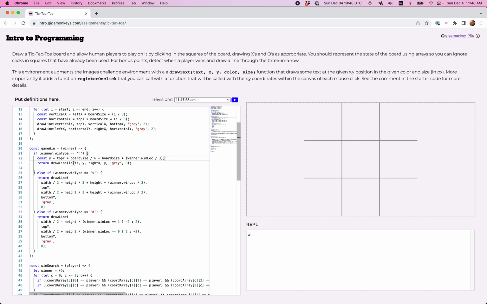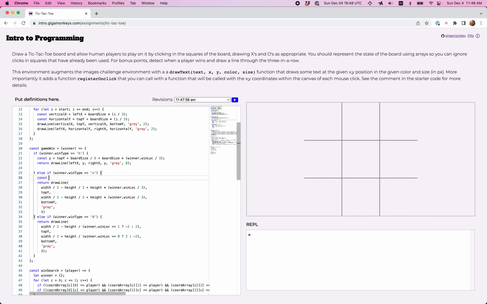And then we draw a line from the left to the right at that horizontal coordinate. And that's good. And probably a similar thing can happen here, where we can figure out what the x value should be in terms of this.